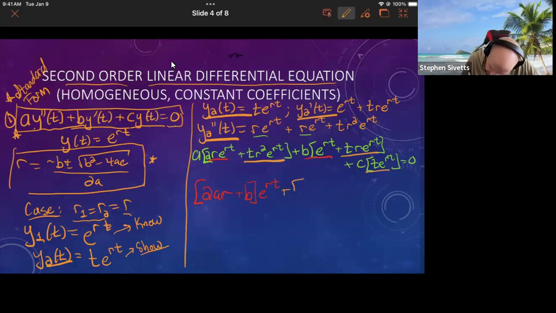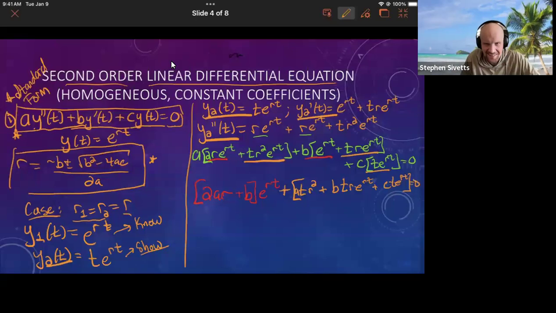So this is plus t a r squared plus b times t r e to the rt plus c times t times e to the rt. And that equals 0. Okay.